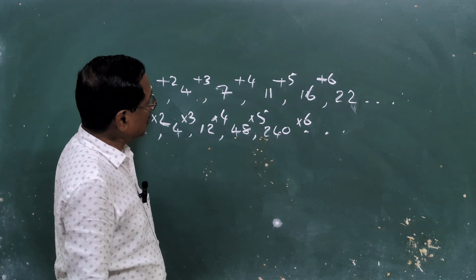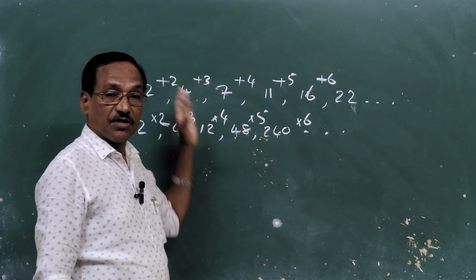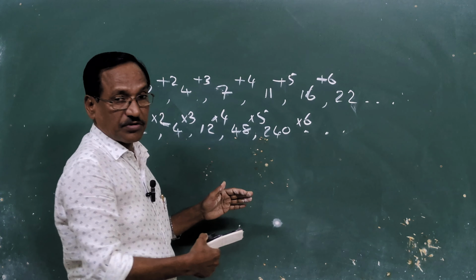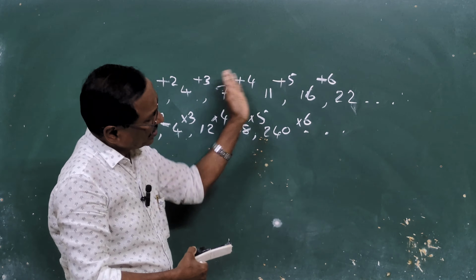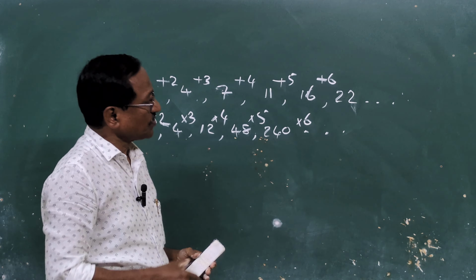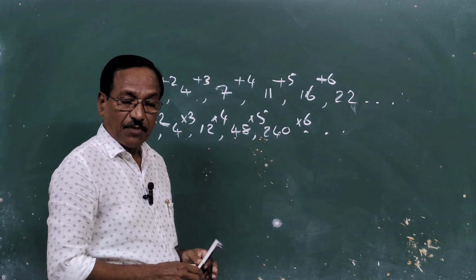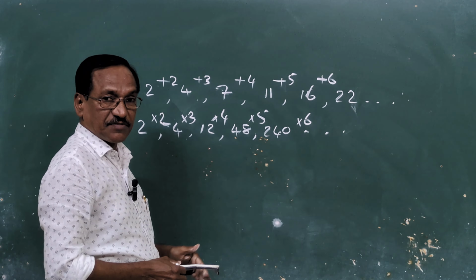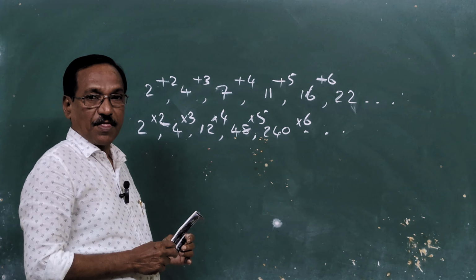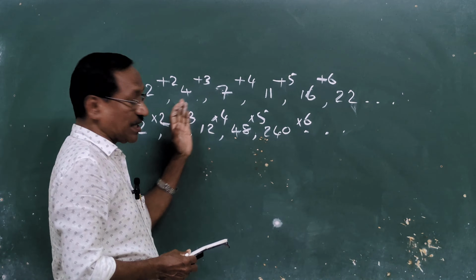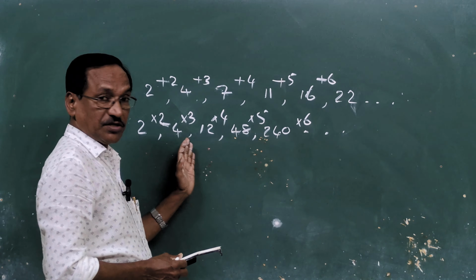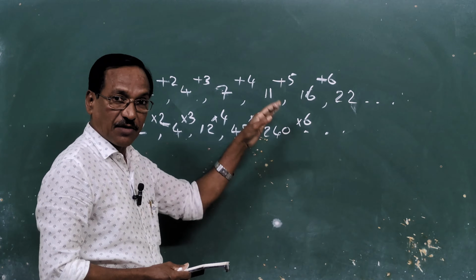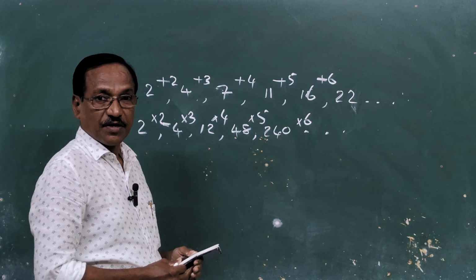So the first one is the addition pattern because the sequence is built up by adding a number to the previous number. In the second case, it is a multiplication pattern because we multiply the number by a fixed number to get the next number. Again, we multiply that number by another number to get the next number.